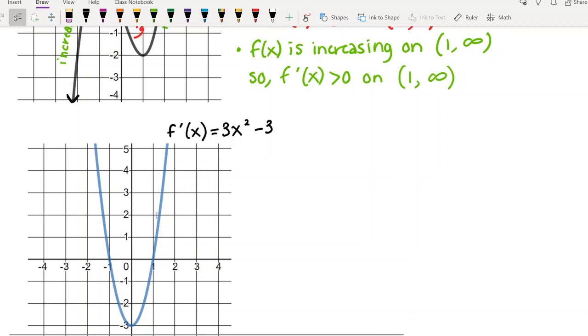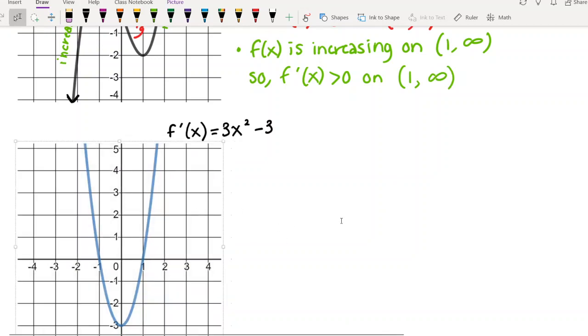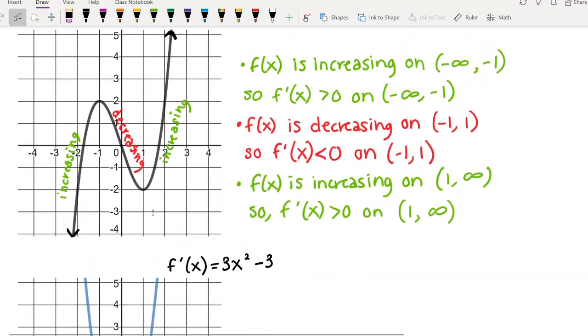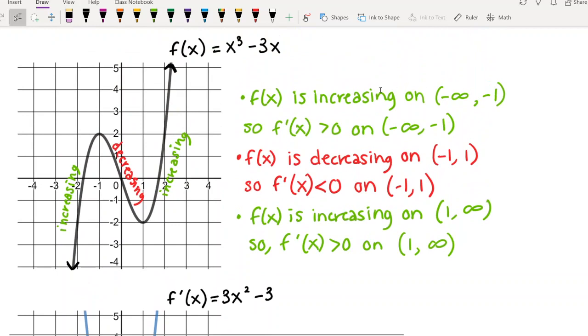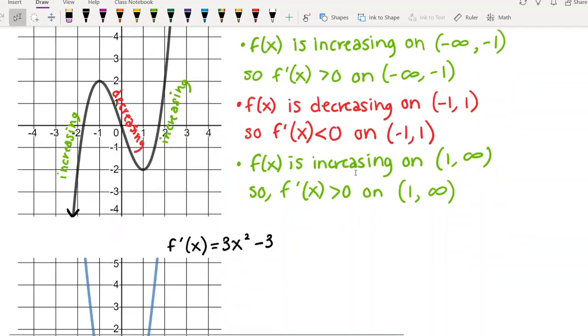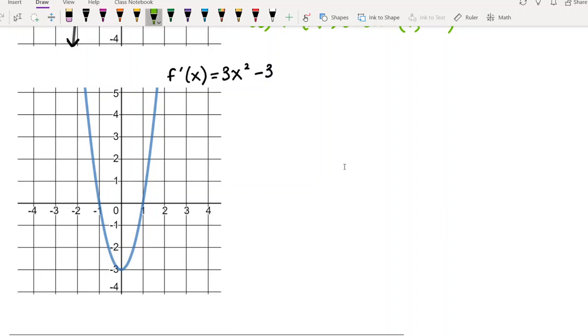What I want to point out here is how the information we wrote down about the derivative actually shows up here, right? So we said that the original function is increasing from -infinity to -1, and so the derivative should be positive. And we can see that the derivative here is positive, right? It's above the x-axis.